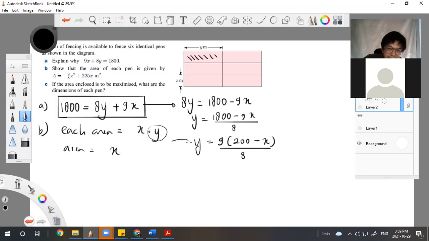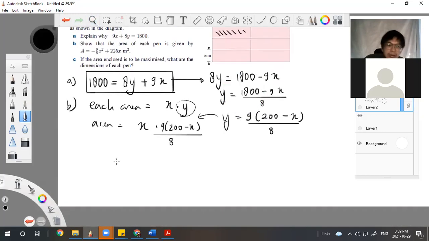So just substitute y. 9x, sorry, x times 9 is 9x. Okay, it's getting easier. Minus x over 8.